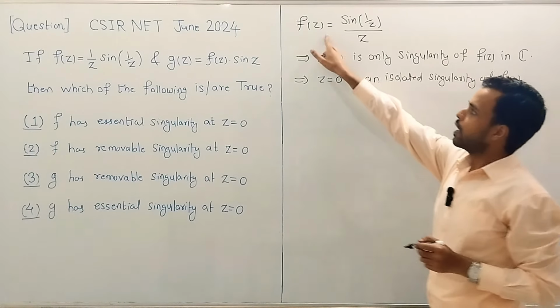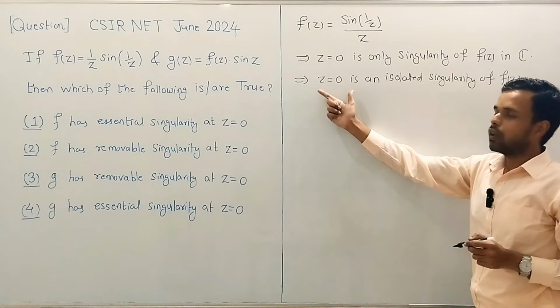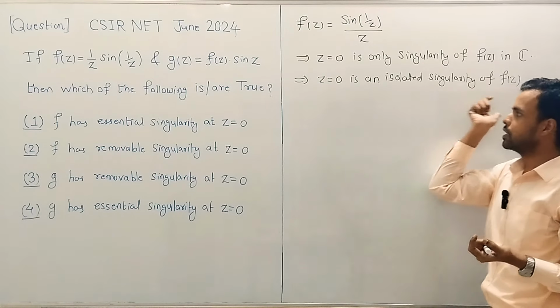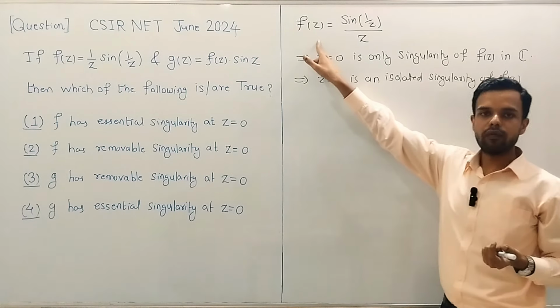And hence we can write f of z as a Laurent series expansion about z equals 0, because this is an isolated singularity of f of z.